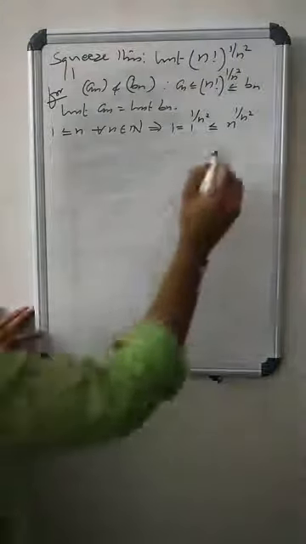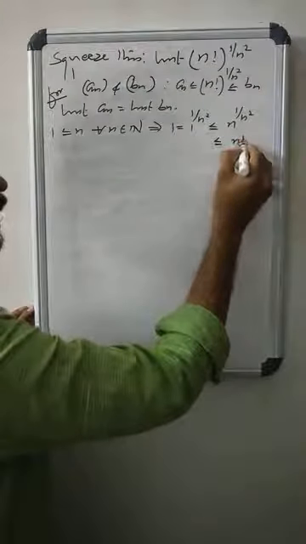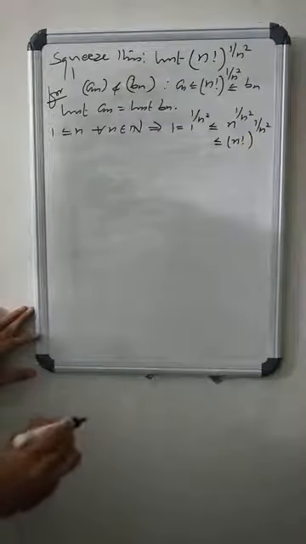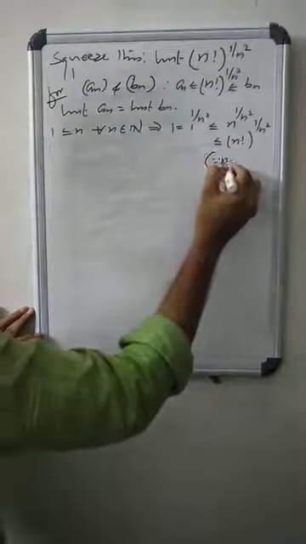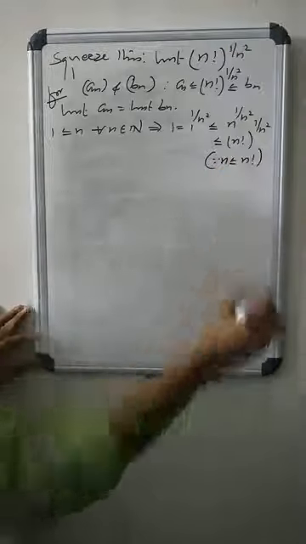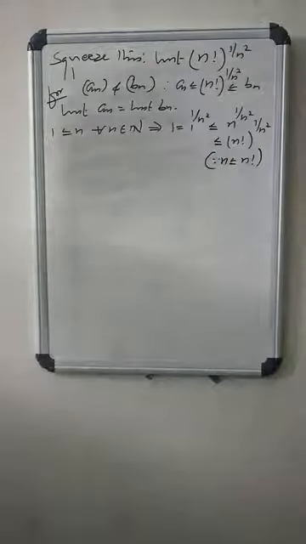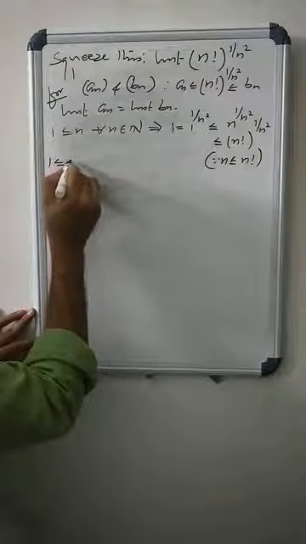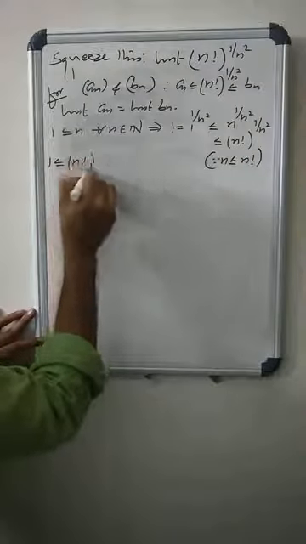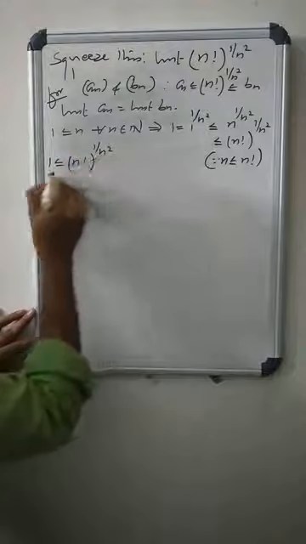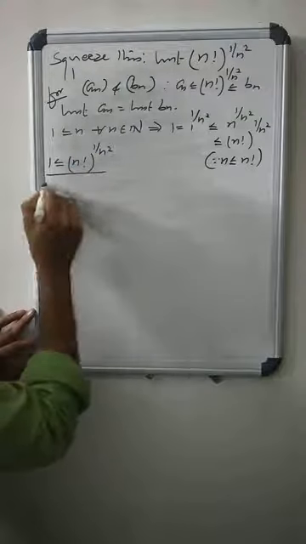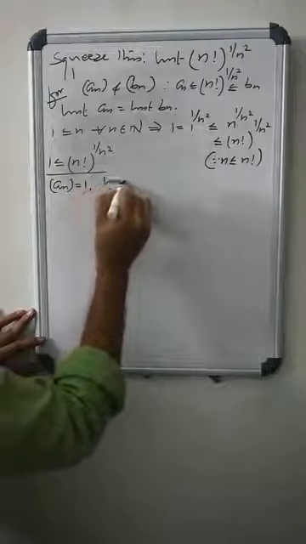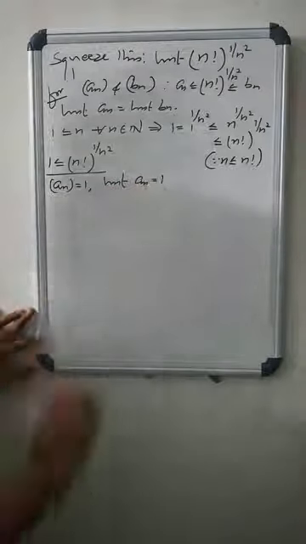N power 1 by n square is also less than or equal to (n factorial) power 1 by n square. Why? Because n is less than or equal to n factorial. Moreover, 1 is less than or equal to (n factorial) power 1 by n square. Choose an equals 1, then limit an equals 1.